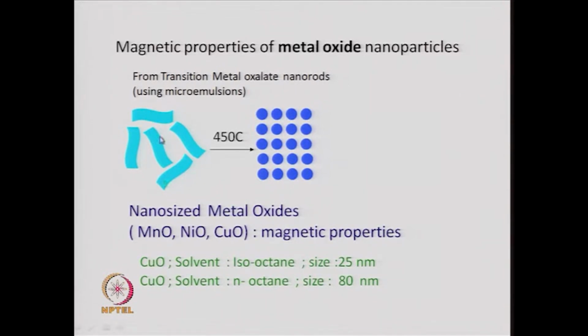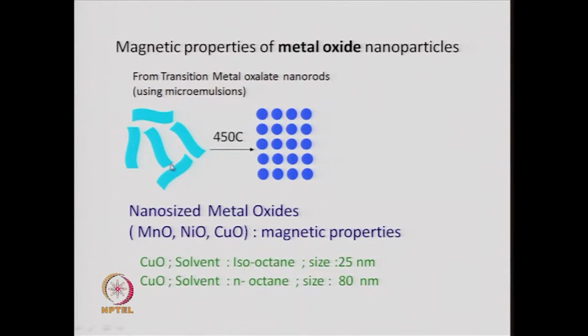So, you heat the oxalates at high temperature, around 400 to 500 degree centigrade, and you get oxides, and the size of these particles is in nano dimensions. They can be 20 nanometers, 50 nanometers, 100 nanometers, depending on the type of metal oxalate you chose and how the metal oxalate was prepared using which microemulsion.